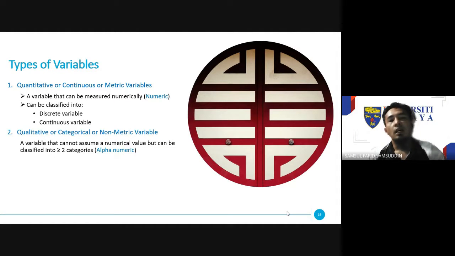And then another one is qualitative or categorical or non-metric variable. So it is not a numbered variable. A variable that cannot assume a numerical value but can be classified into categories, alphanumeric. Okay, it is not numeric, but if you compare within categories, maybe you can number two categories, three categories, for example.